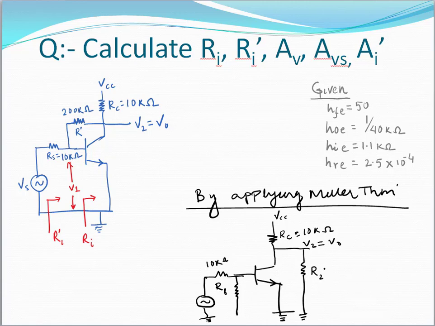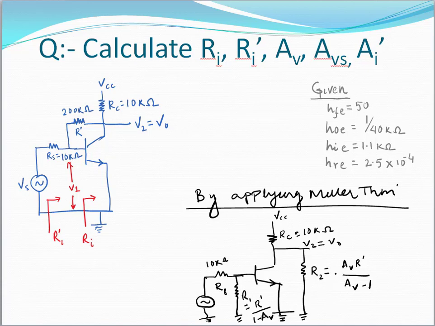We consider this as R2, and this R2 will be AV R dash by AV minus 1, and this R1 will be R dash by 1 minus AV.